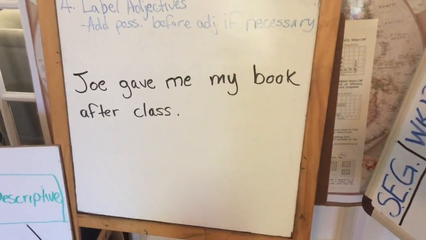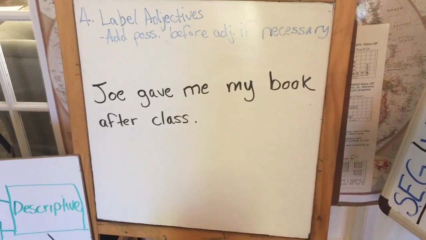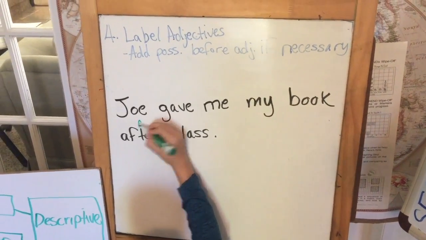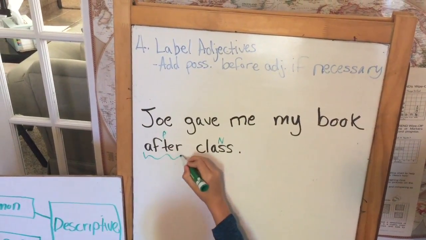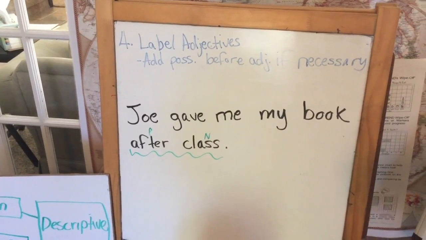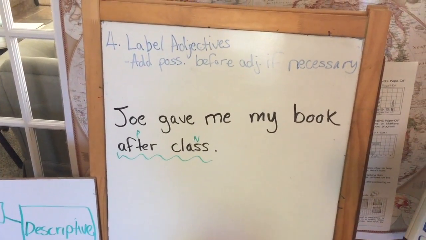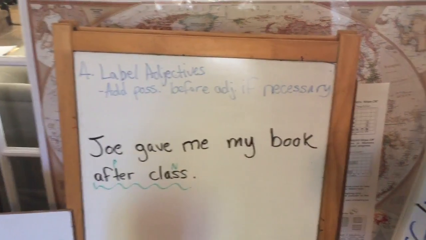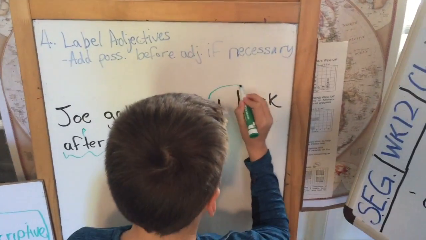Find and label position words, nouns, and prepositional phrases. After class. Preposition. Okay. When. Okay, good. Label the adjectives. Add POSS if necessary. My book.